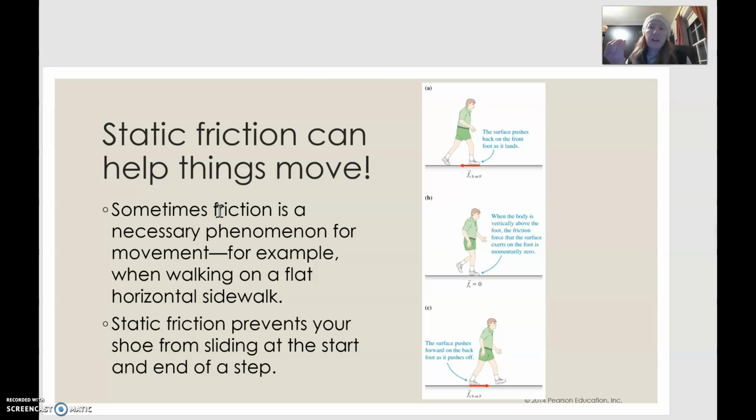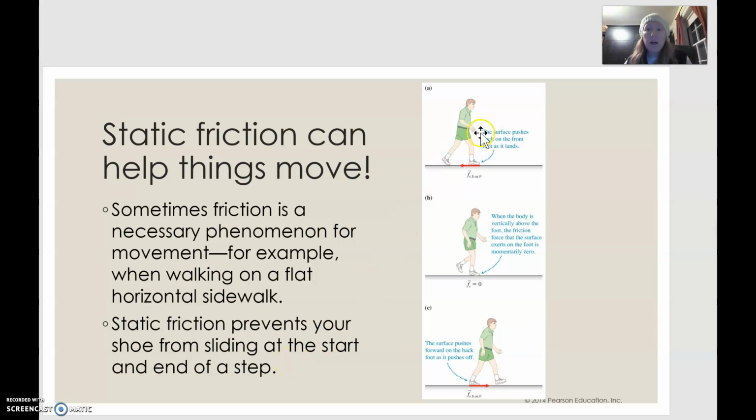So in this case, it seems like, okay, that's preventing motion. But actually, static friction also helps things move, which seems counterintuitive. But this set of diagrams is showing that when you're walking, you are relying on this force.